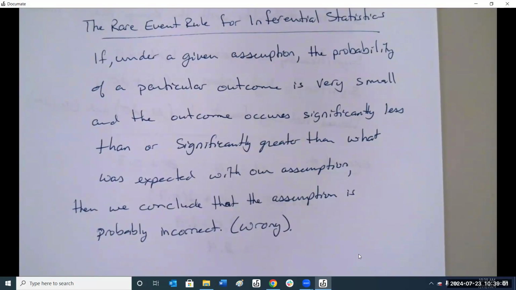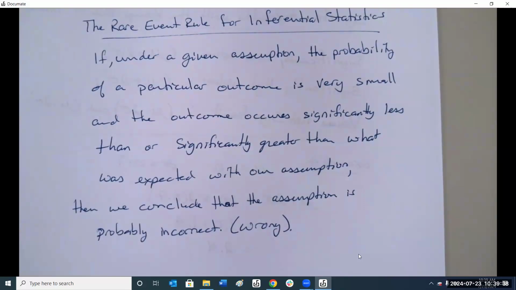If under a given assumption, the probability of an event is very small, and the outcome that occurs is significantly less or significantly greater than what was expected, it means that we are wrong. It says our assumption is incorrect, because again, it's a rare event. It doesn't happen all the time.